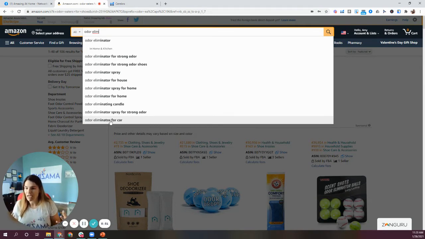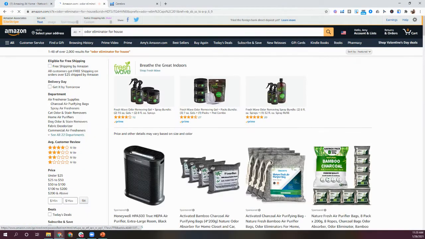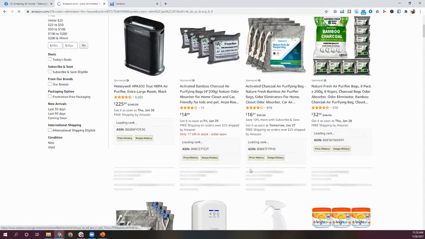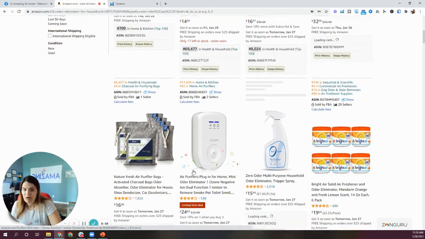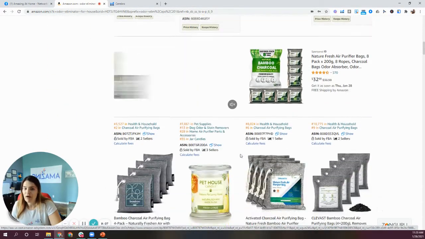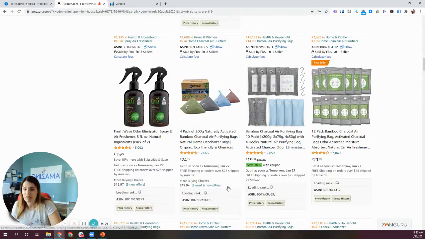If you're in a very saturated niche, you could pick any one of these. And Amazon's search bar is already telling what people are looking for. So odor eliminator for house, let's look at that. All right, so we've got a lot of charcoal bags here already, but we have a lot of opportunity here as well.